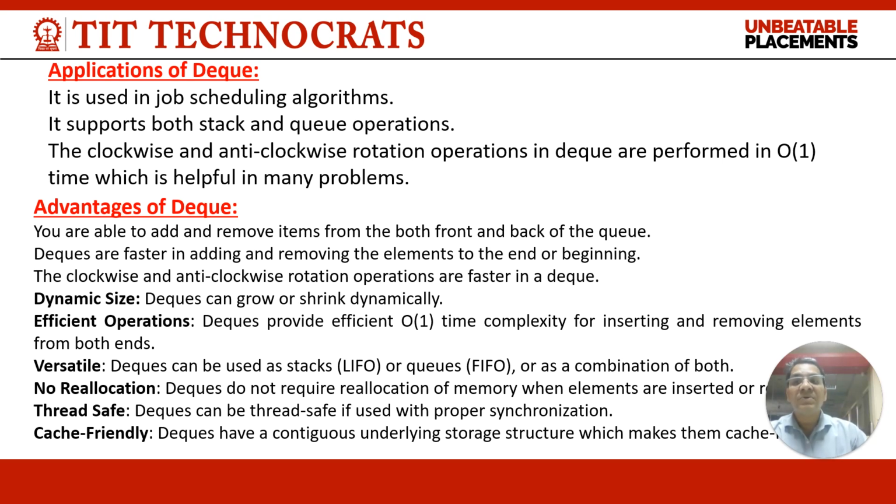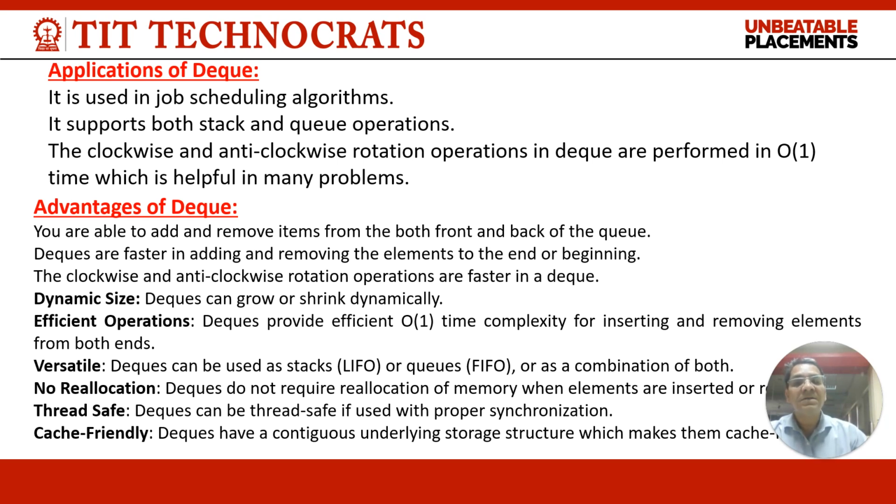Advantages: you are able to add and remove items from both ends, front and back, of the queue. Deques are faster in adding and removing elements at the end or beginning. The clockwise and anti-clockwise rotations are faster in a deque.